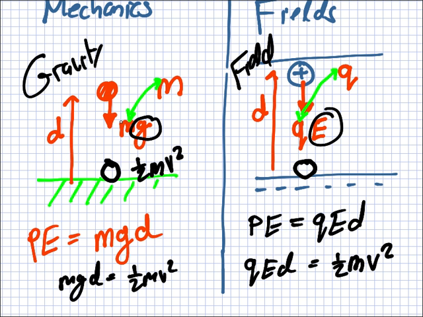Yeah? So, just before we move on, and I'll let you write this down in just 1 second, let's just look at each part. So here the d is the distance, and here the d is a distance. M is a mass. This is a property of the particle, a feature of the particle. And here the Q, it's the same thing. What's the E here?